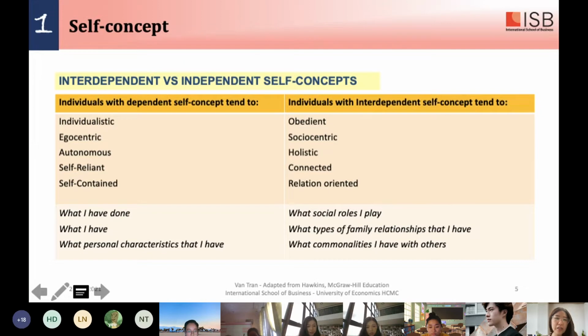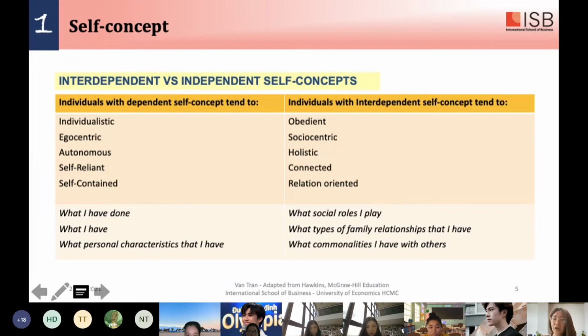So they may look at themselves as a very interdependent person or independent. So when a person has an interdependent self-concept, they tend to define themselves as what social roles they play, what types of relationships that they have, and what commonalities, that means some similarities that they have with others.